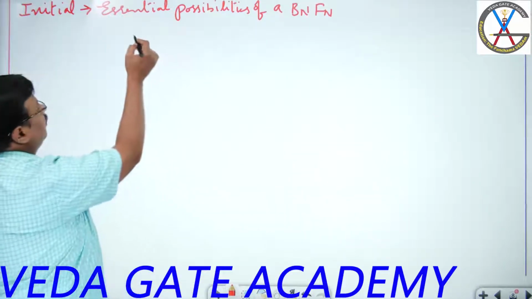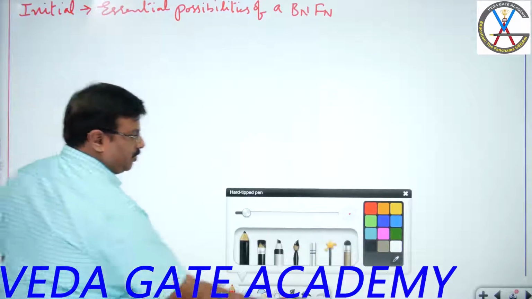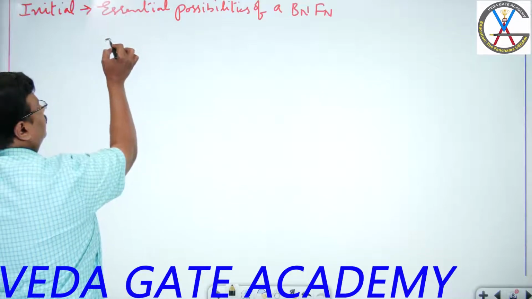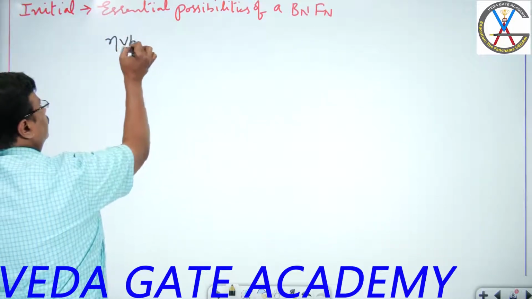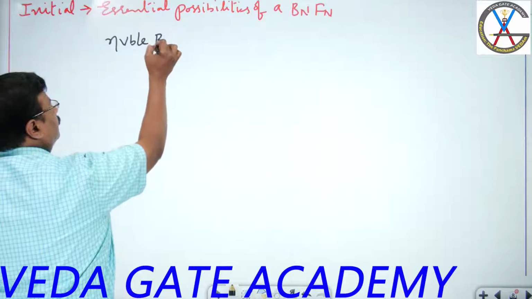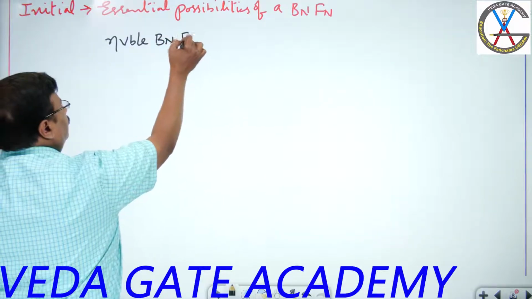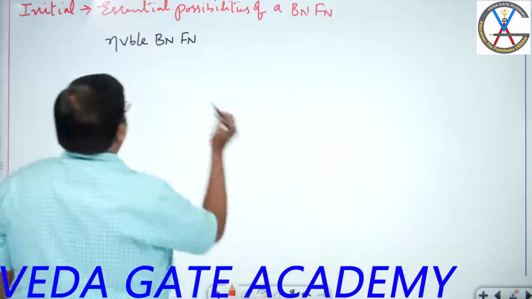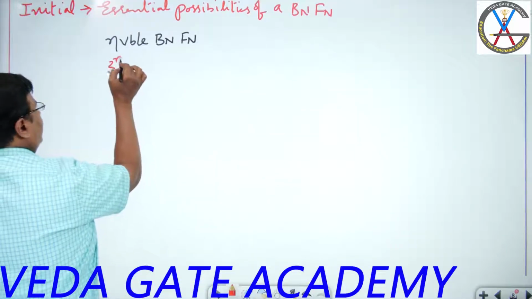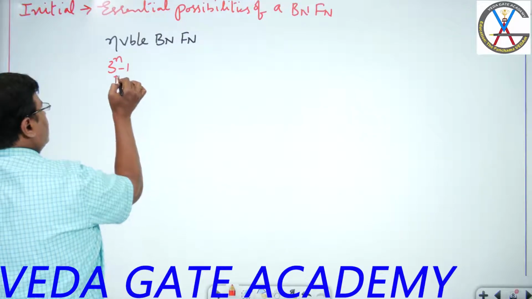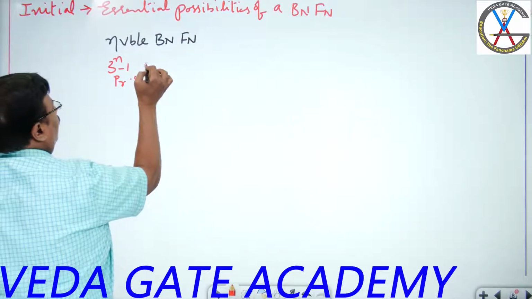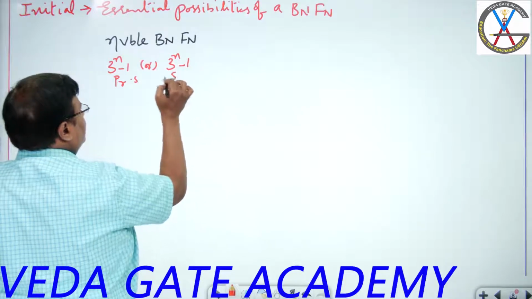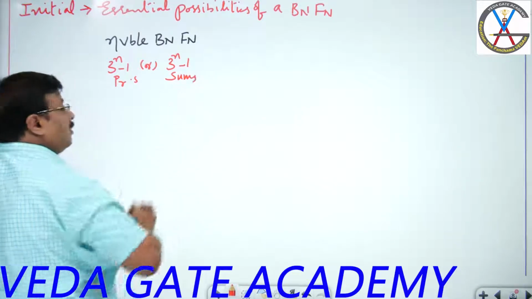So the first level of a Boolean function is 3 power n minus 1 products or 3 power n minus 1 sums, which we already learned in the very first step.